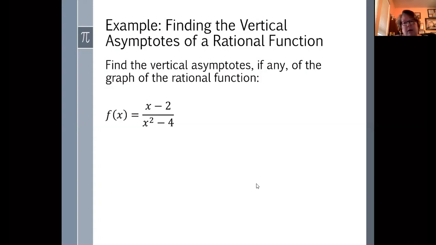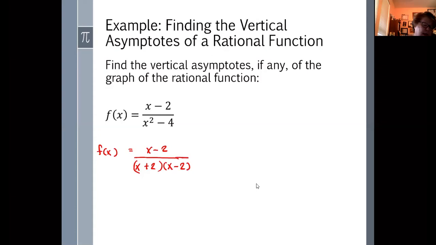It's the difference of two squares. x squared is a perfect square, 4 is a perfect square, so it will factor to a sum times a difference. The square root of x squared is x. The square root of 4 is 2. So it's going to factor to x plus 2 times x minus 2.